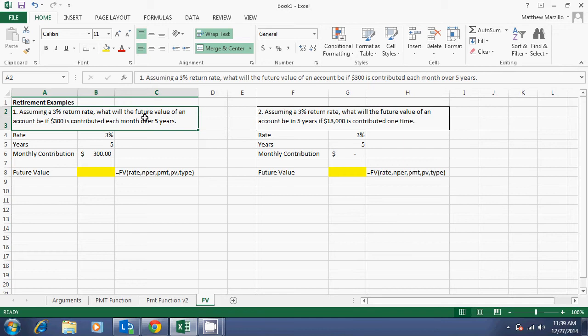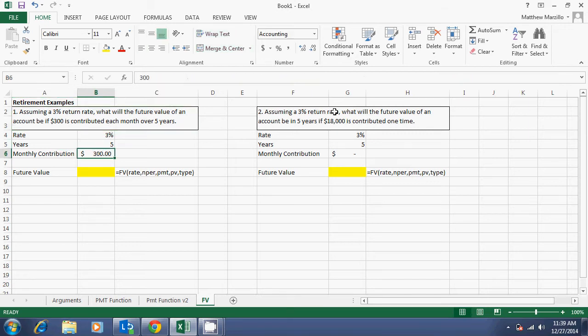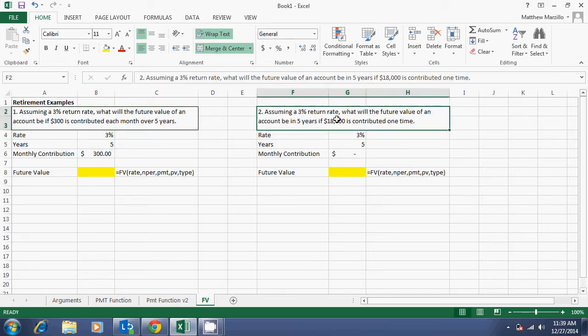Because $300 times 12 times 5 is $18,000. But in the first case we're contributing this over the course of time, and in the second we're just dumping this $18,000 in the account from the get-go and leaving it alone. The future value, or the FV function, is the perfect tool for us to answer this question.